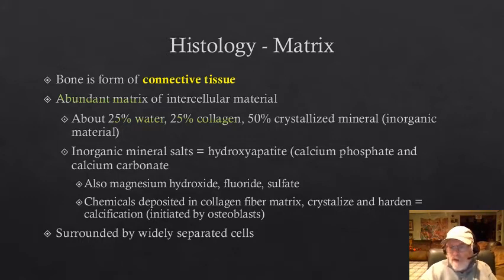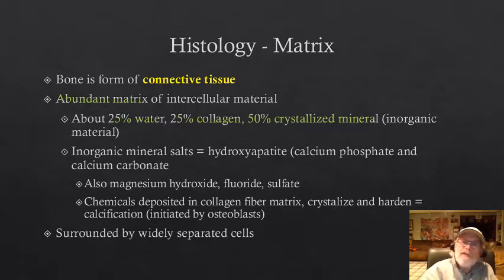So about 25% water, about 25% collagen, and about 50% what we call crystallized material. This is an inorganic material. It's not living at all. Collagen does have a living basis to it, whereas the crystals in the bone are not living.